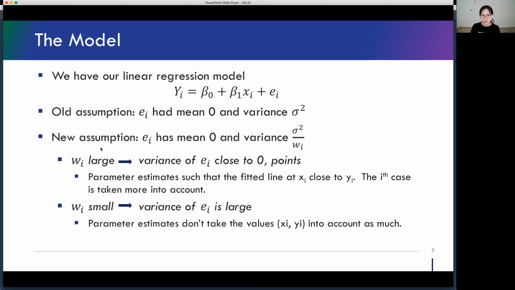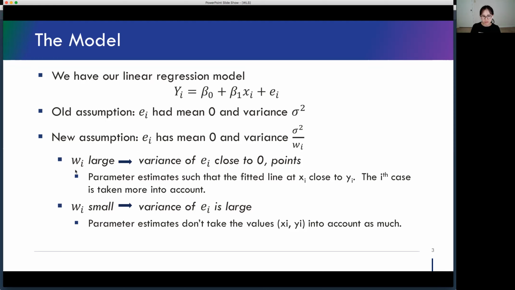So we have this new assumption: this e_i, our error, has mean 0, and now we use a weight for the error variance. So it's now sigma squared over w_i. This w_i is the weight that we put on the new error variance.